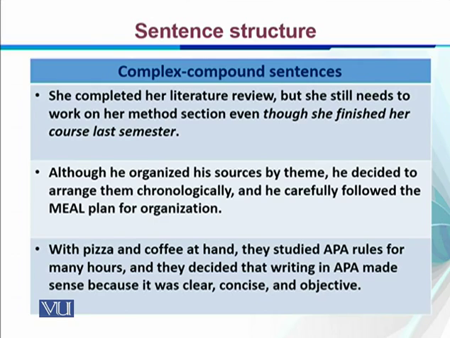But she still needs to work on her method section. It's an independent clause. These two independent clauses are joined by but, an independent coordinating conjunction, even though she finished her course last semester. This is the dependent clause. So the compound-complex sentence structure has at least two independent clauses and one or more dependent clauses.